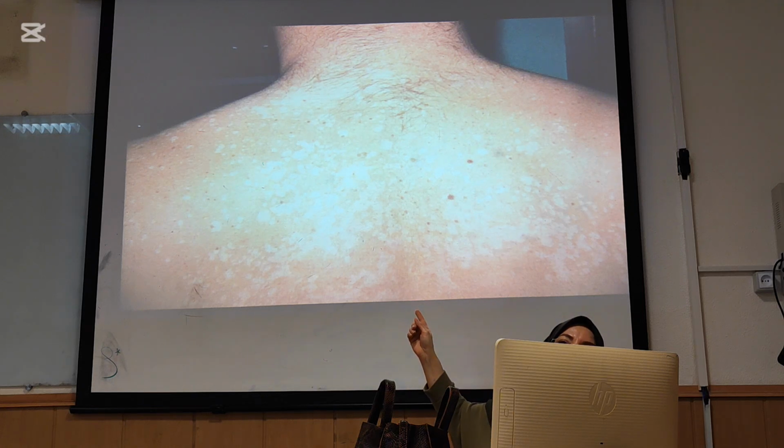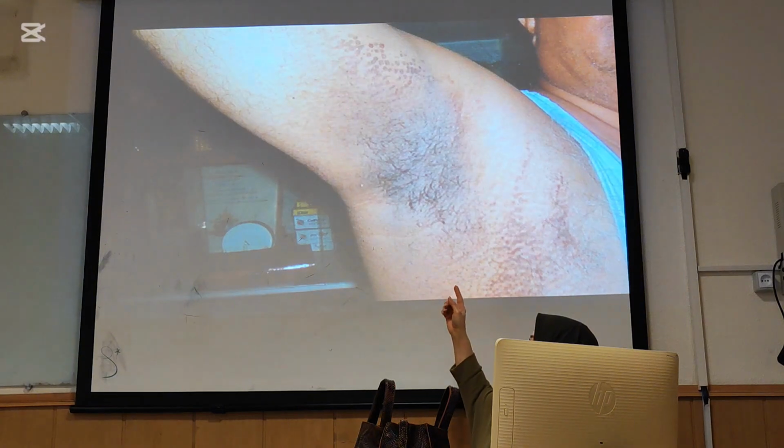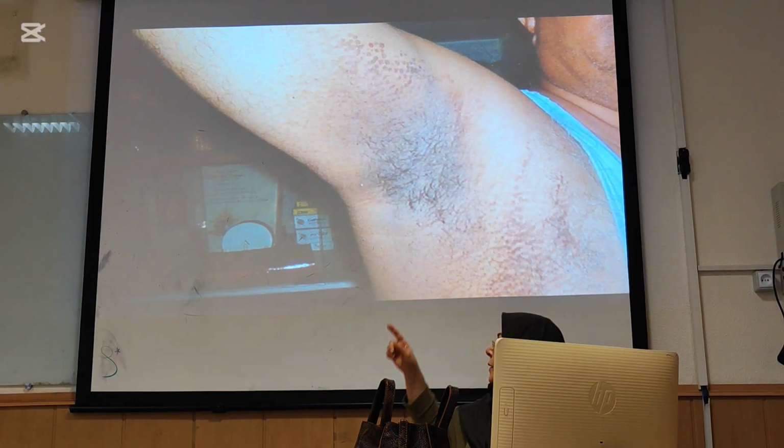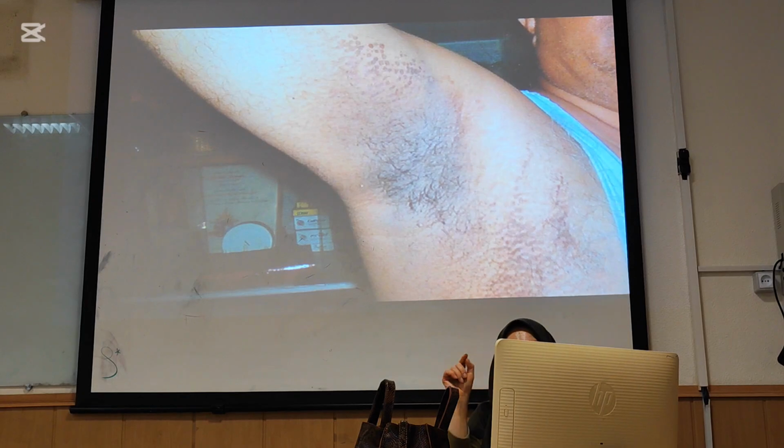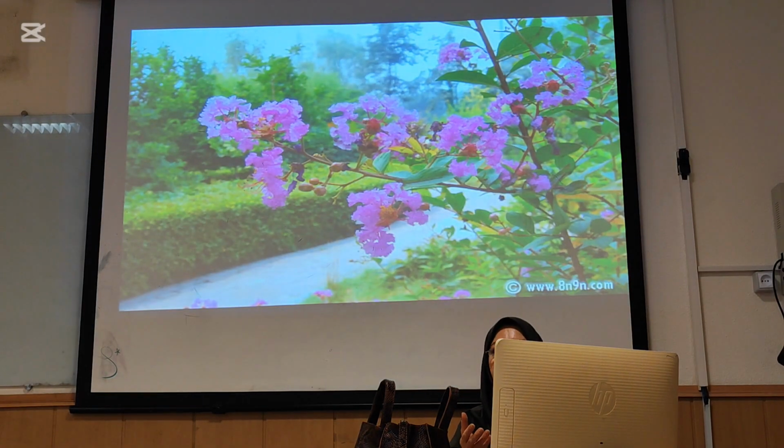And this picture is related to tinea versicolor. As I told you, in the armpit you can see some hyperpigmented macules. Usually among people with dark skin, you can also see hyperpigmented macules.